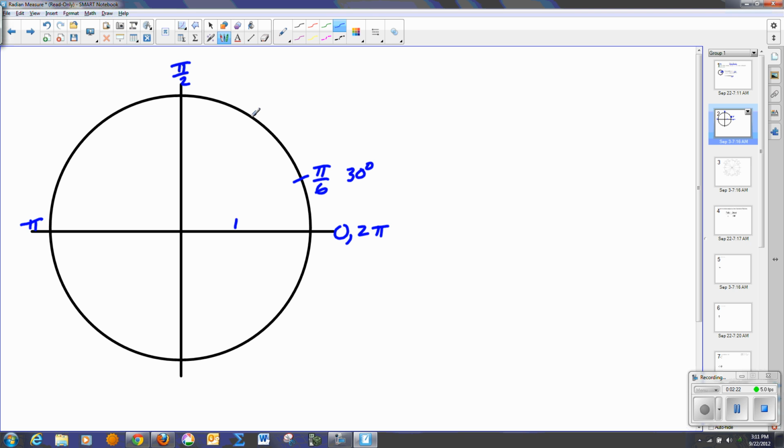If I take another sixth, that's 2/6 pi, or pi over 3. And if I take 2/6 of 180, I know that's 60 degrees. If I take 3/6 of pi, then that's half of 180, or 90 degrees, which is pi over 2.